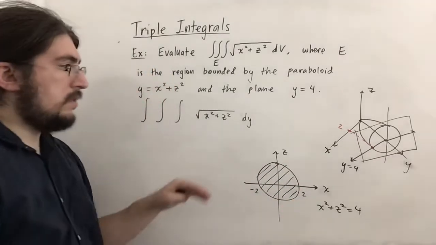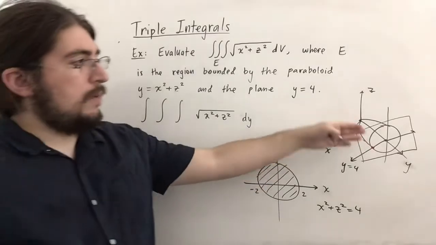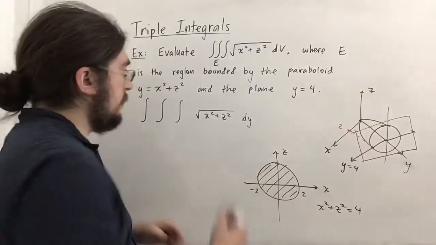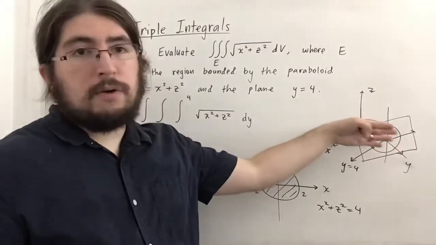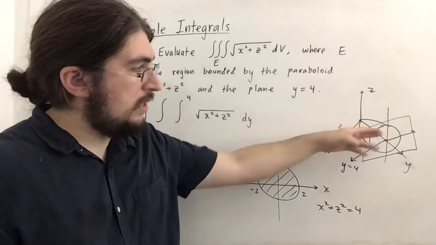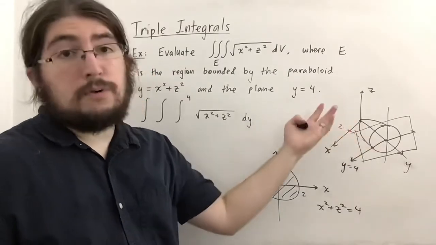Now as far as the limits for y, what is the largest y can be and what's the smallest y can be? Well, the largest y can be here is y equals 4. And the lower bound of y at any particular cross-section will actually be the paraboloid itself.